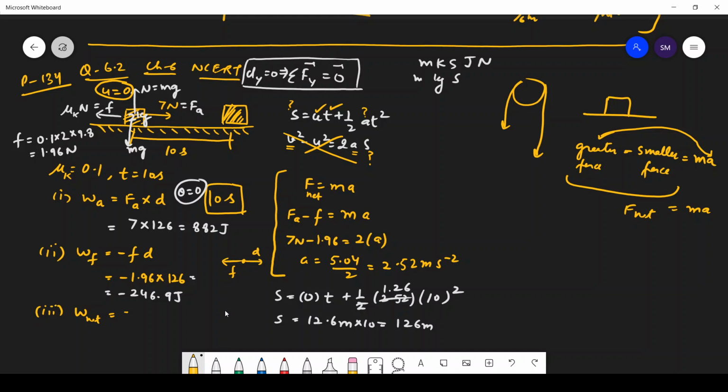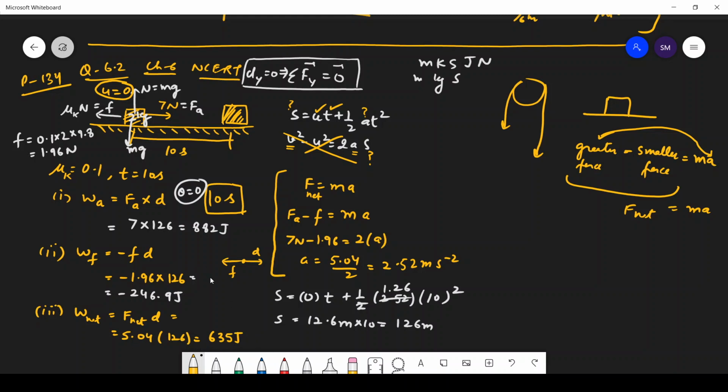So the direction of displacement and net force is the same. So net force into displacement, theta is 0 here. So FD, and this will be equal to 5.04 into displacement 126, and this comes out to be 635 joules.